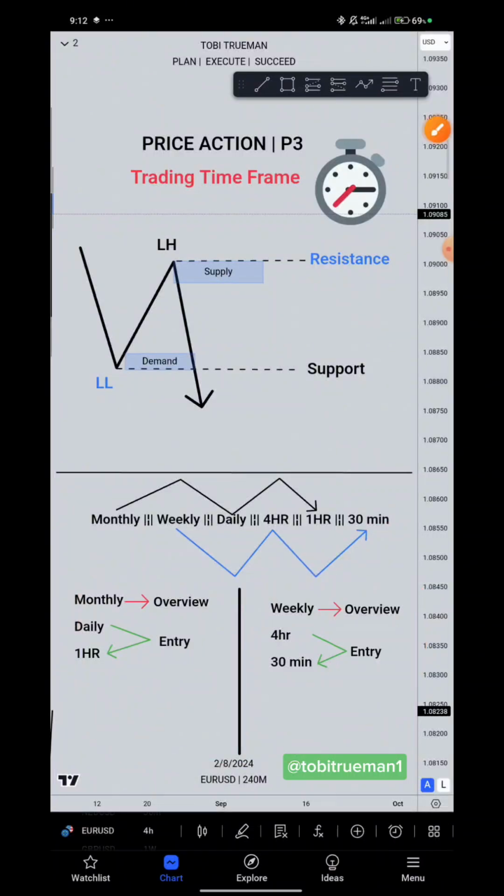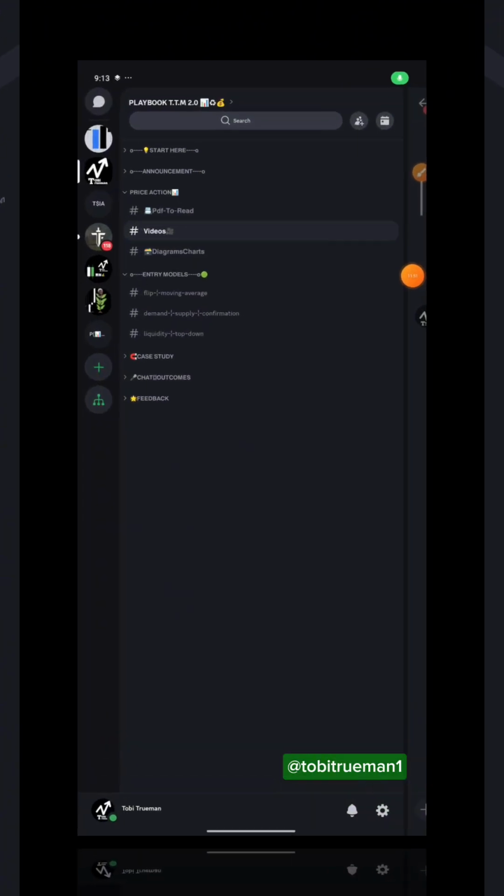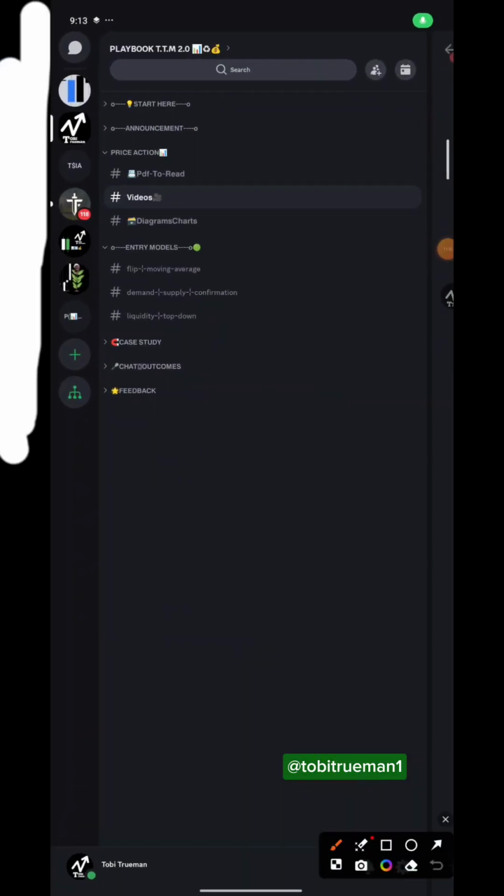Okay, thank you. So what we'll do in this next part is, the other videos, you can leave them and pause from there. After finishing with this price action part 3, you can now go to the entry model session. So after finishing with the part 3 video in the price action session, before you continue the other videos, I will advise that you now go to this entry model session.